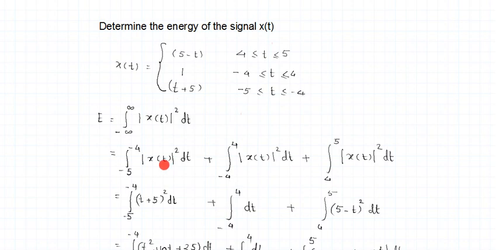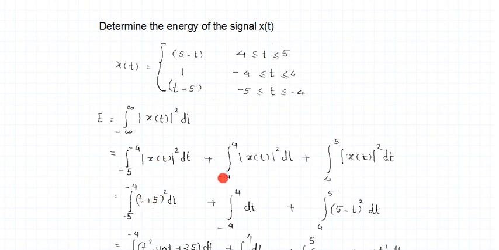Now let us substitute the corresponding value of x(t) as per the limit of the integration. From minus 5 to minus 4, in this particular time period, the signal x(t) takes a value t plus 5. So we replaced x(t) by t plus 5.